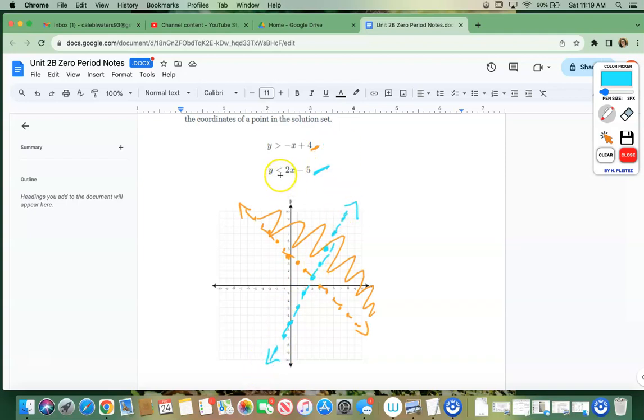So this one was less than, so let's shade below. And then there's some overlap area. Pick a point in there, and that would be a good example solution. Okay, so I'm going to pick 7, 0, because it's right there in the middle.